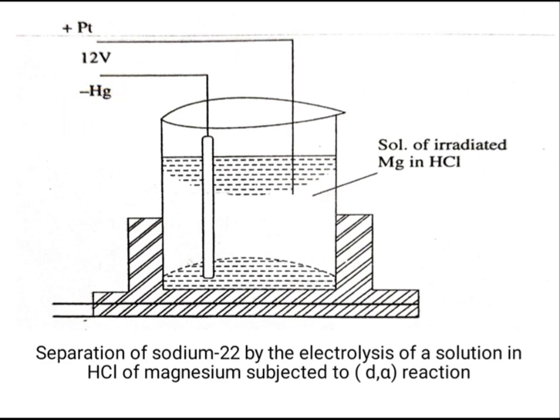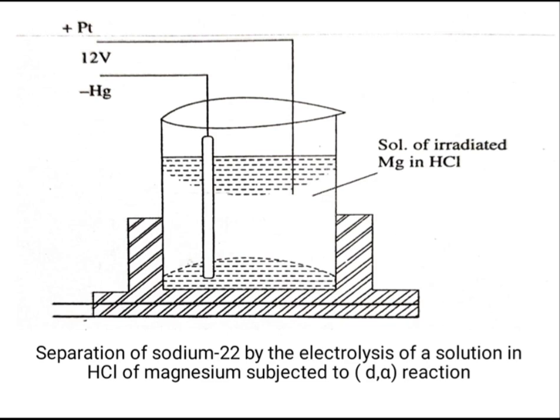cathode, as shown in this figure, and the sodium 22 goes to the mercury. So when magnesium is dissolved in HCl, there is a formation of sodium 22 after the D alpha reaction.